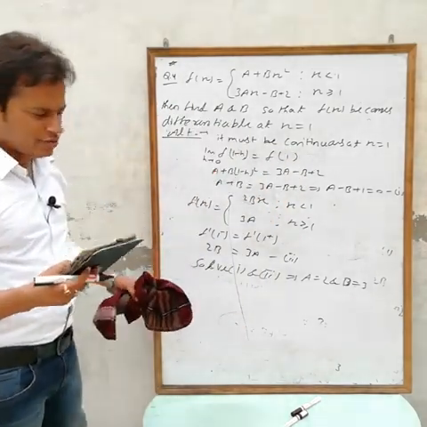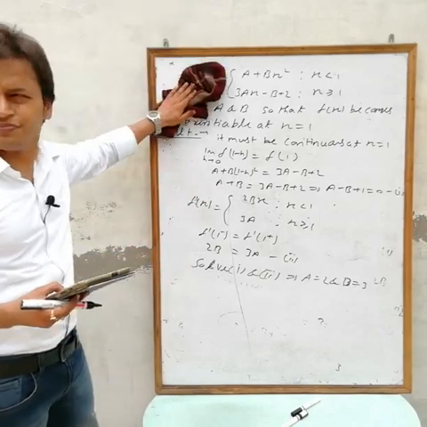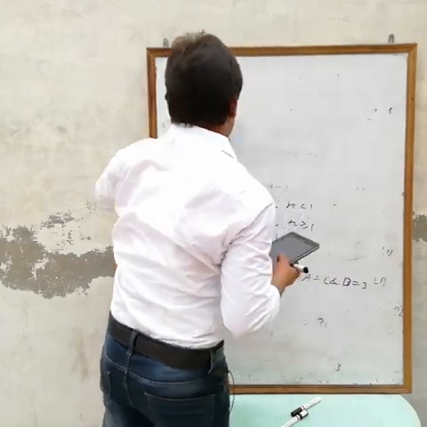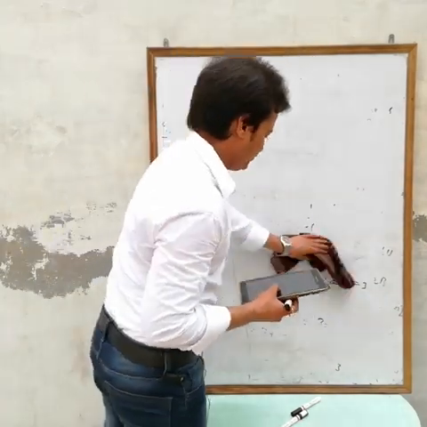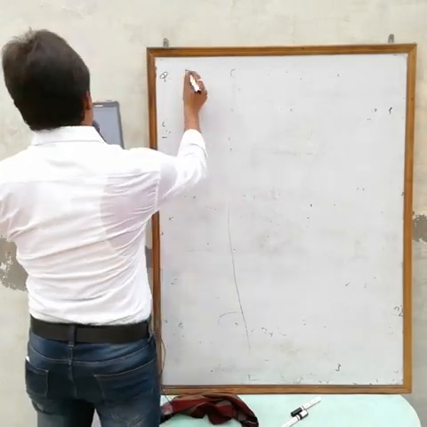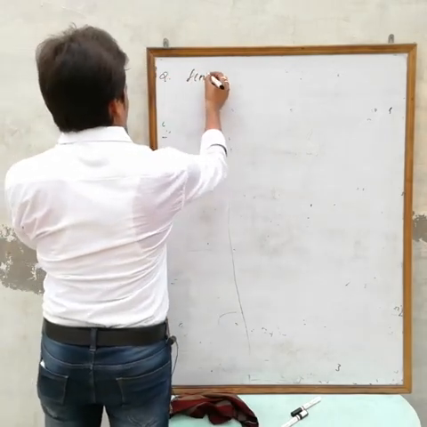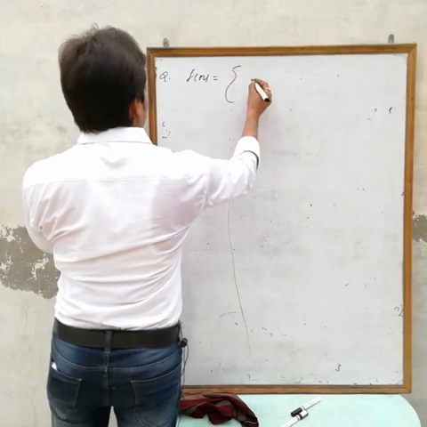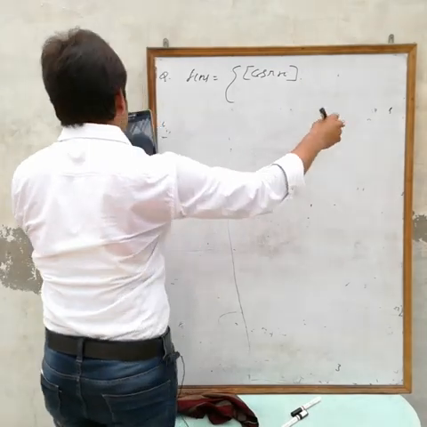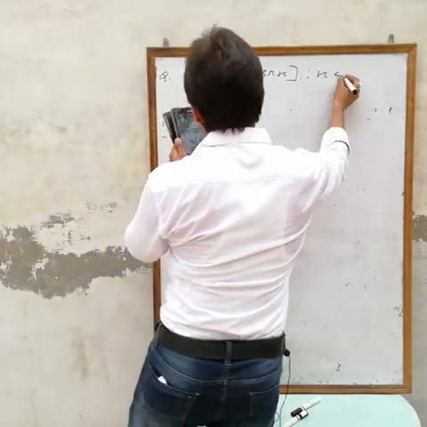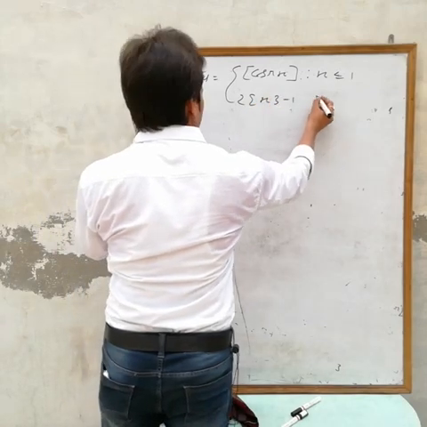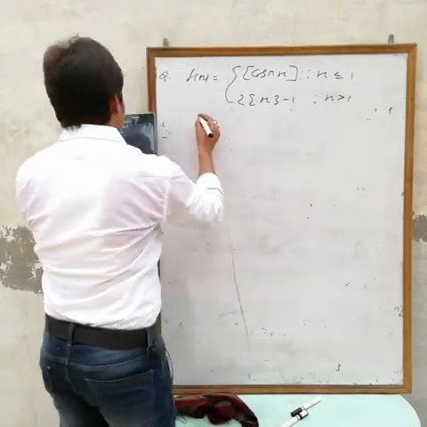Now last question. f(x) is equal to greatest integer of cos pi x when x is less than or equal to 1, and 2 times fractional part of x minus 1 when x is greater than 1.